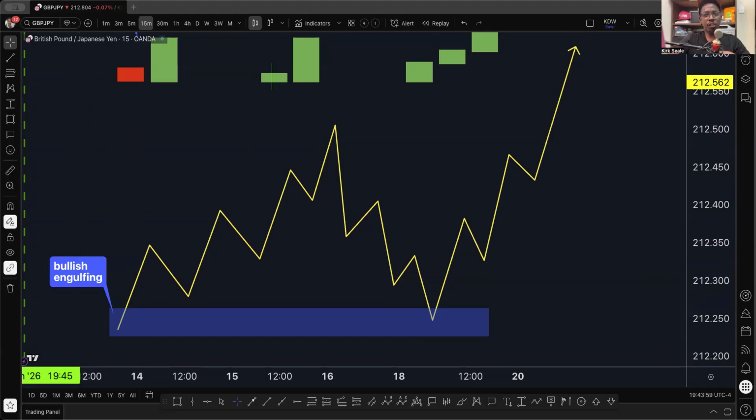This is also giving us information that it's possible sometime in the future we could see price come into this area or near to this area and then continue going because there's still volume there. There's still people there wanting to push price up. Okay. And that's kind of like how price keeps growing.